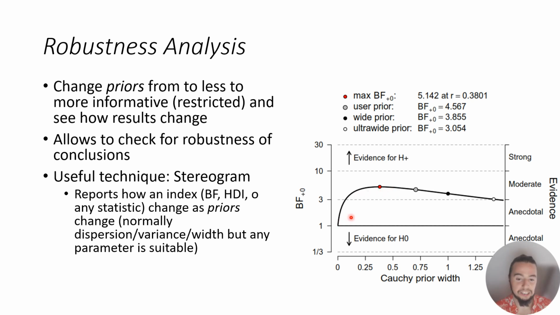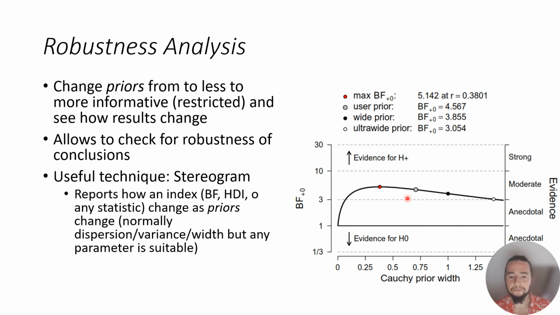As you can see here, we have the used prior, the prior that we used in this position, that is more or less a bias factor of 4 point something. Then we have the maximum of the bias factor function, that is a bias factor of 5. But we also have a wide prior that is a non-informative prior, a prior with much larger variance, and a super wide prior, that is a prior with an enormous amount of variance.